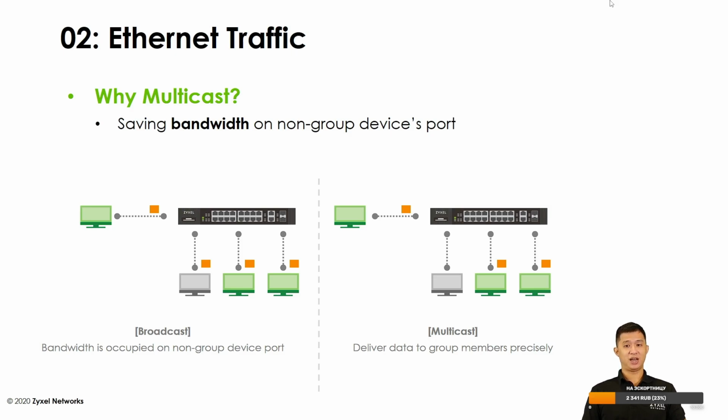So devices not in the same group won't receive the data and therefore their bandwidth won't be occupied. If we use broadcast for the same application, devices that don't need to receive this traffic will receive it anyway. The network would end up becoming much busier and congested.